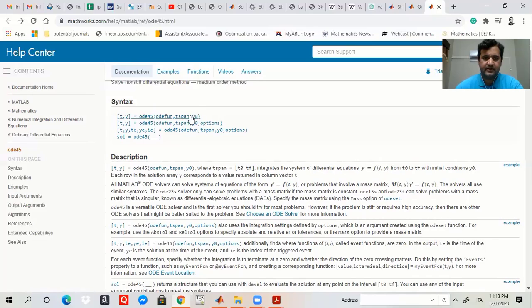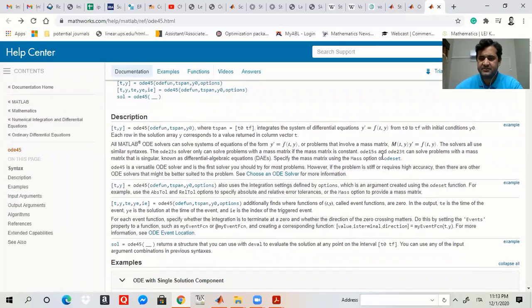And this over here represents the initial conditions corresponding to your differential equation. You can also use the argument options, by using the function odeset. I'm not going to tell you more detail on odeset, but of course if you click it, you can read a lot about it as well.